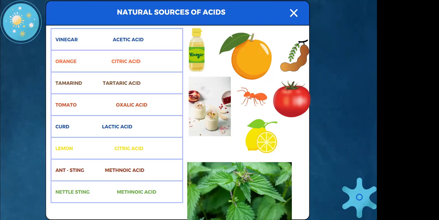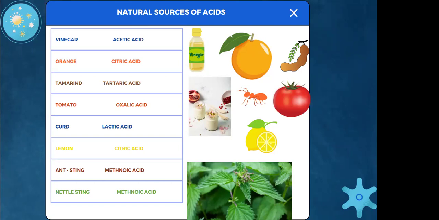Next is tamarind, which has tartaric acid. Next, tomato, oxalic acid. Curd, lactic acid. Lemon, citric acid. And nettle sting, methanoic acid, which irritates your skin. Nettle is basically a wild plant which irritates the skin.